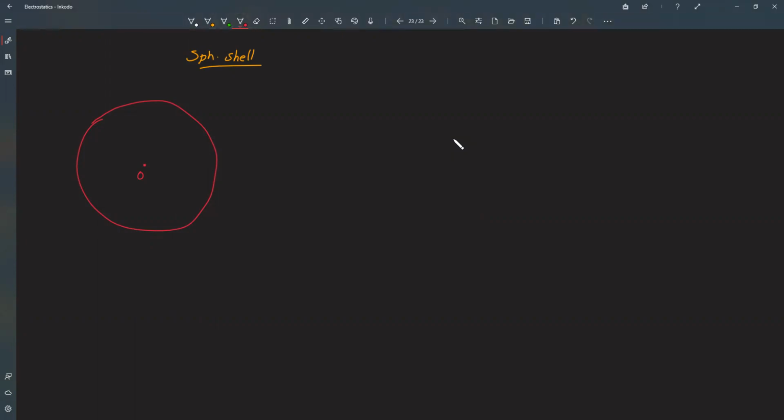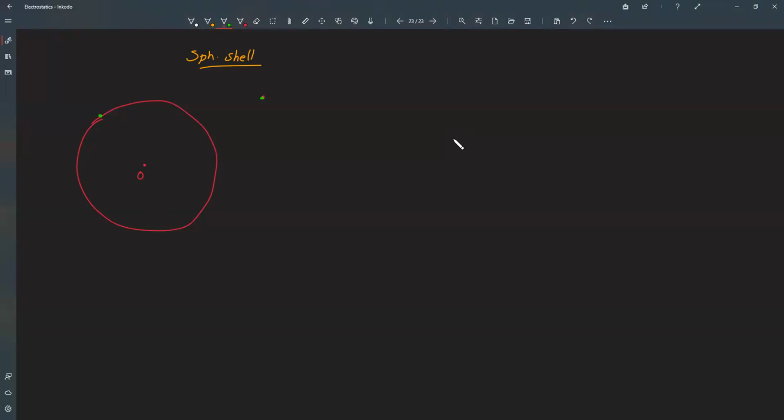You may have to find the electric field at a point outside the shell, at a point on the surface, or at a point inside the shell. So this is point in, this is out, and this is on the surface. We will go through this one by one.